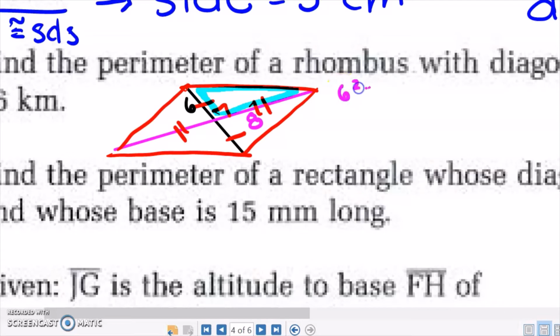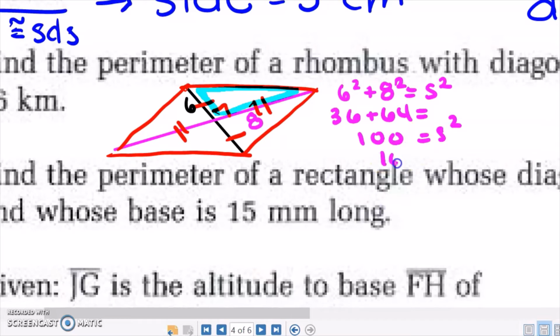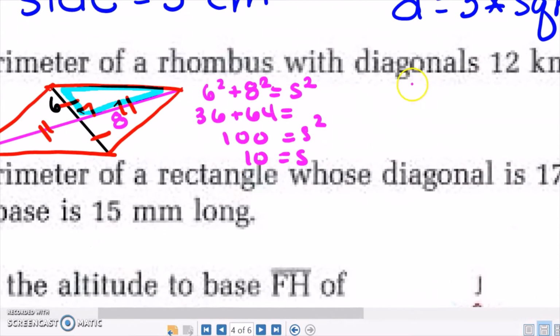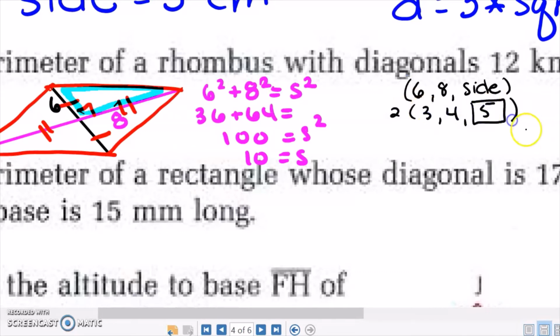And I can do 6 squared plus 8 squared equals the side squared. Or I could do the reduced triangle principle, and see that that's just twice a 3, 4, 5.